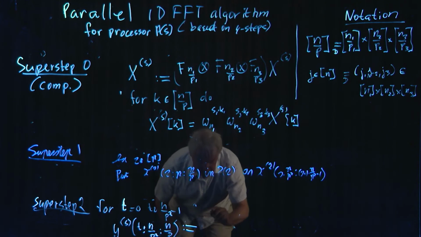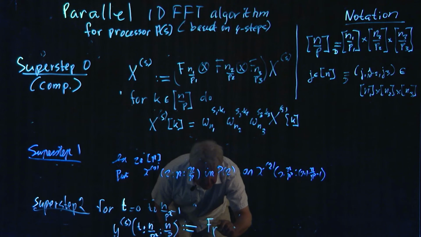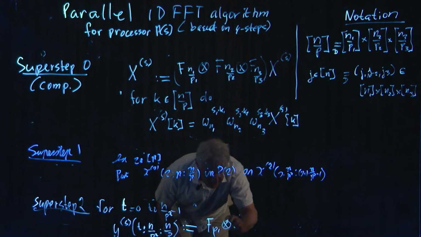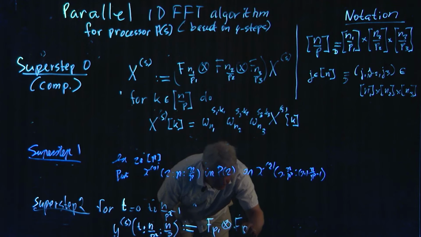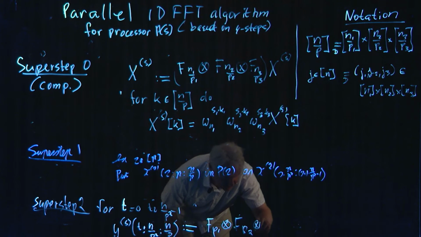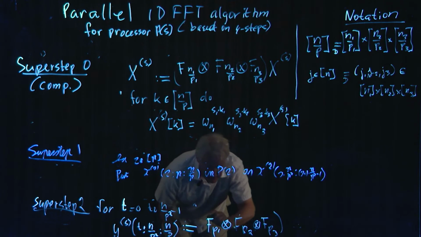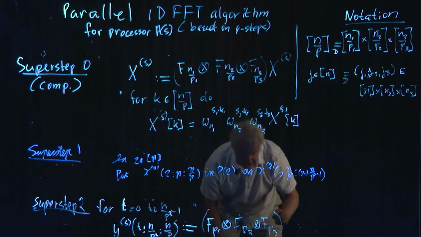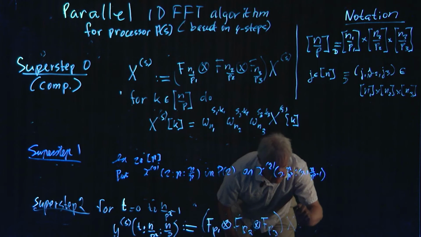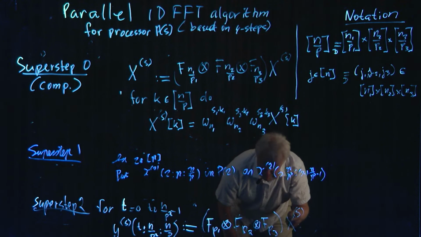So this is FP1 times FP2 times FP3 executed on X, the local part, of course.